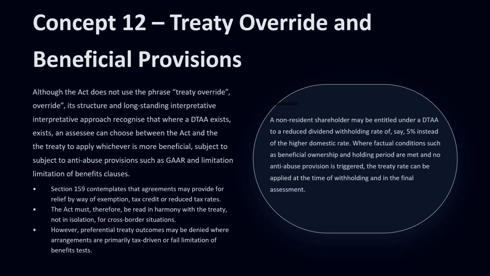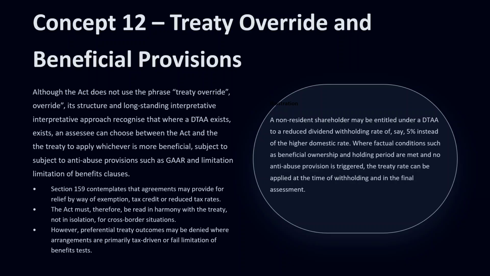Section 159 contemplates that agreements may provide for relief from double taxation by way of exemption or by way of tax credit or reduced tax rates or any other appropriate provisions.